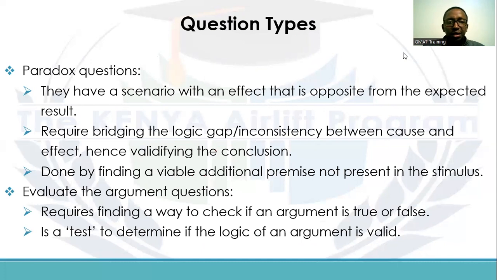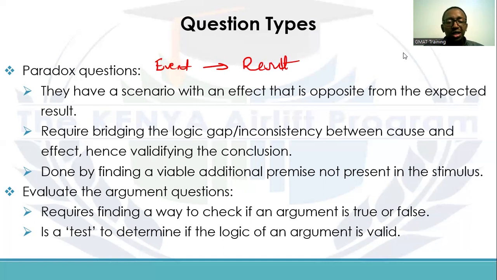Next, we have paradox questions. Again, these are framed a bit differently. So we usually have scenarios. So you have either two scenarios that are opposite, or you have an event that should lead to a certain result, but it results in the opposite result.